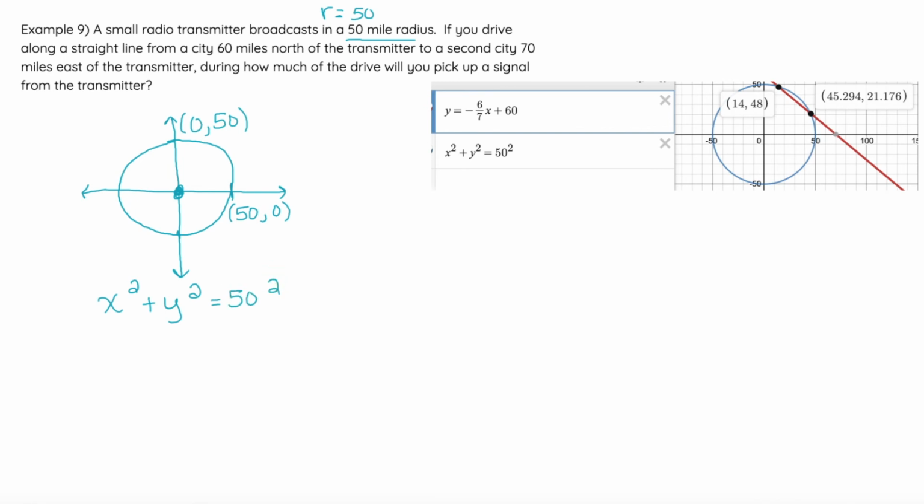If you drive along a straight line from a city that is 60 miles north of the transmitter, so we're starting at 60 miles north of the transmitter, so now we're at 0, 60 here, this is where we're starting. And we are traveling to a city that is 70 miles east of the transmitter, so 70, 0, that's where we're going to.